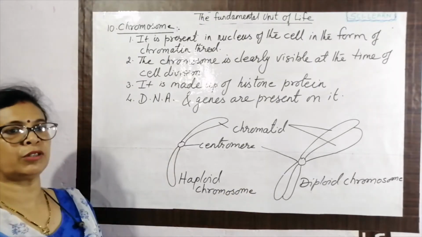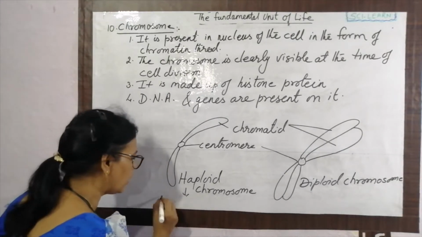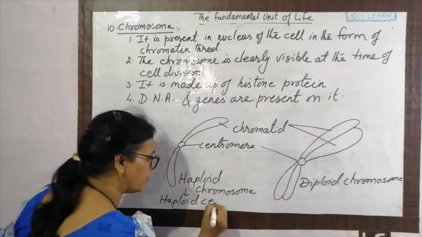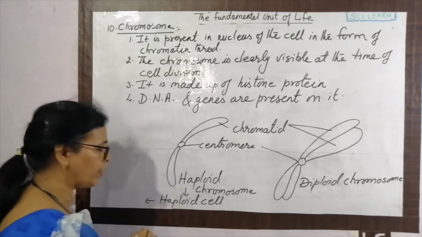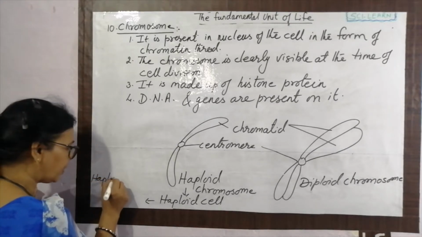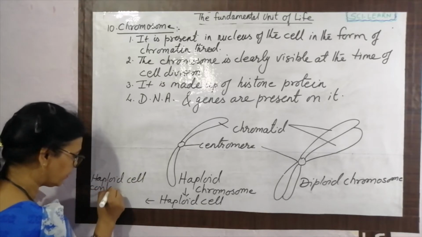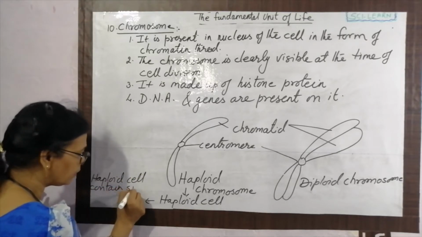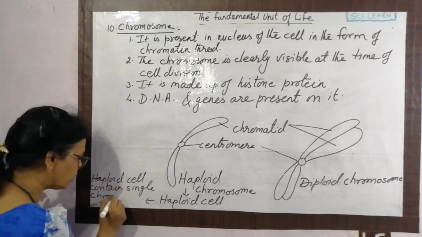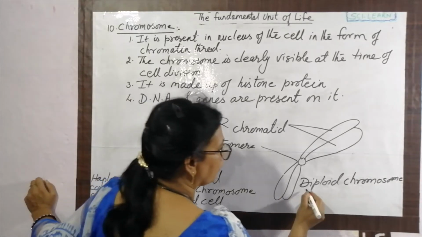If a single number of chromosomes is present in any cell, the cell is called the haploid cell. What is a haploid cell? If we have to define it, a haploid cell contains a single chromosome, that is chromatid. And this is called the diploid cell.